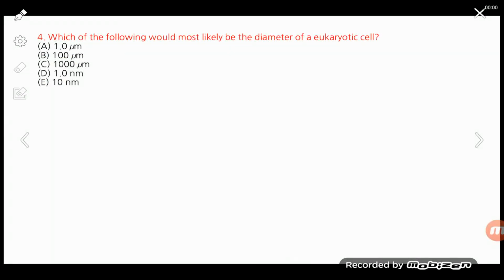In this question, it asks for the diameter of a eukaryotic cell, or we can say the size of a eukaryotic cell. Guys, generally, eukaryotic cell sizes are about 100 micrometer, or it may be 200 micrometer. They are in those ranges. So the answer for this question is B.